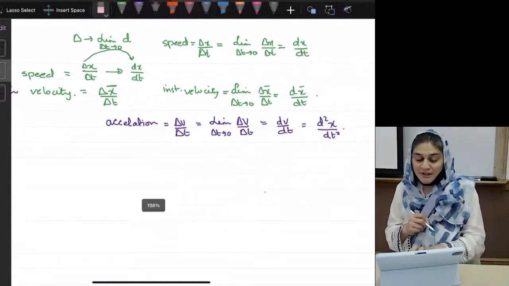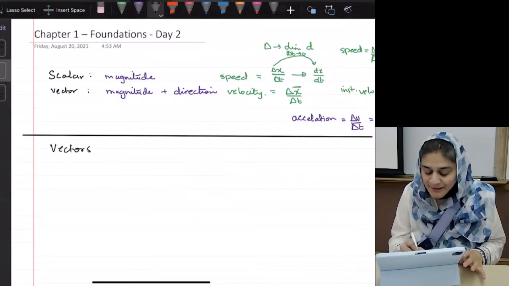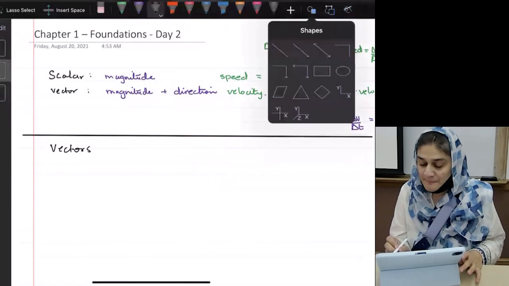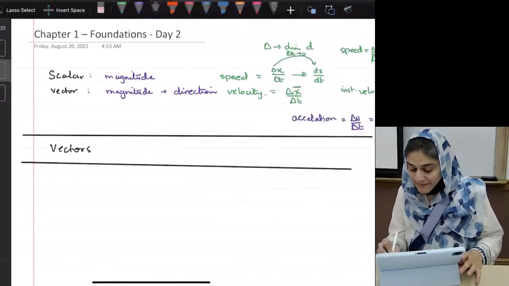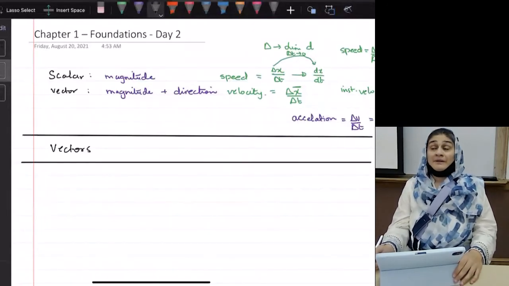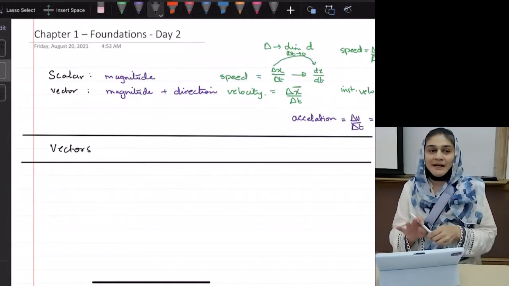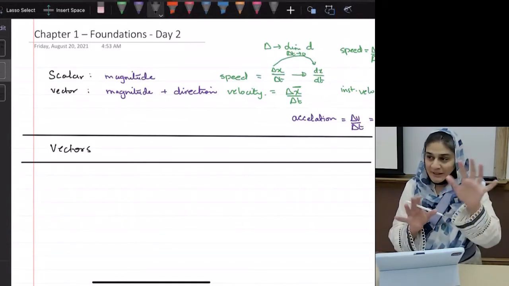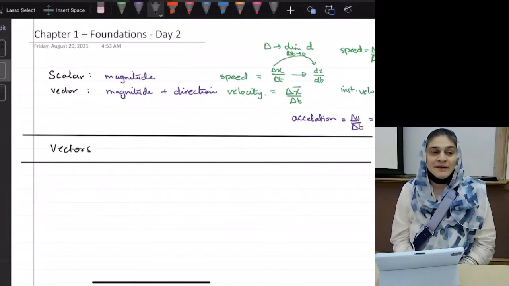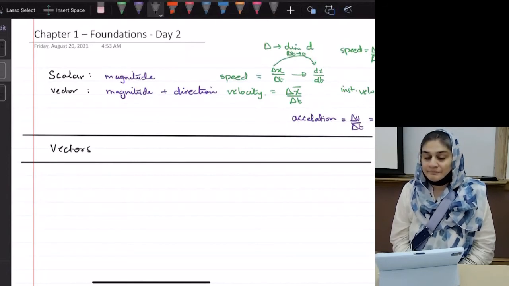So now we're going to start talking about vectors. Can you write a vector with its components on your papers? Any vector. I want you to write a vector A with its 3 components, x, y, and z. How would you do it? I just want you to write one.